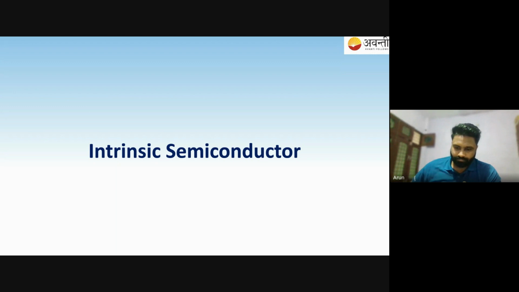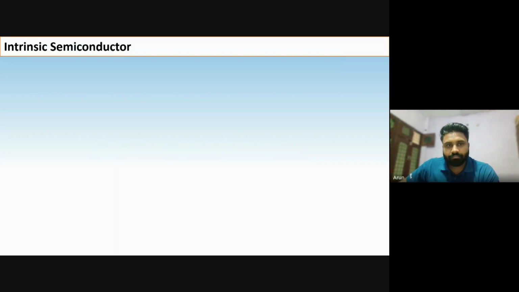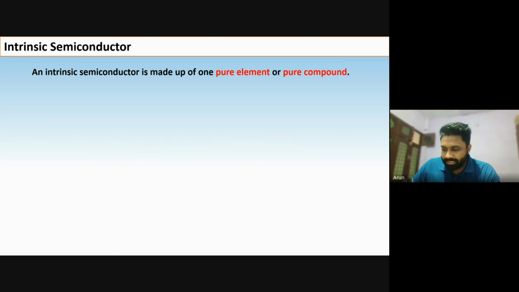Now, we are studying the semiconductor. In that, we are on the topic of intrinsic semiconductor and extrinsic semiconductor. What is an intrinsic semiconductor? I have already discussed it, but it is just for your revision. An intrinsic semiconductor is made up of a pure element or pure compound.